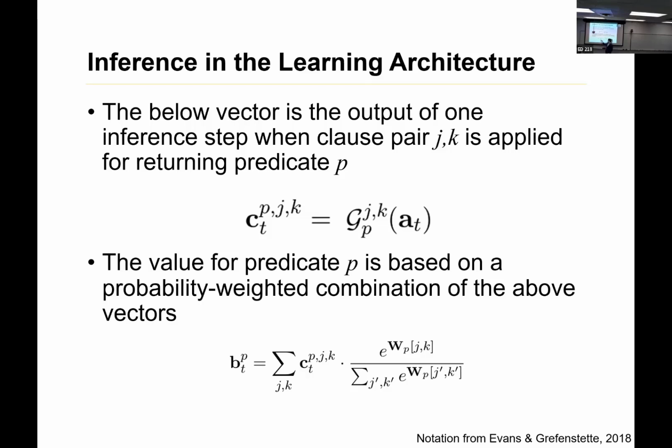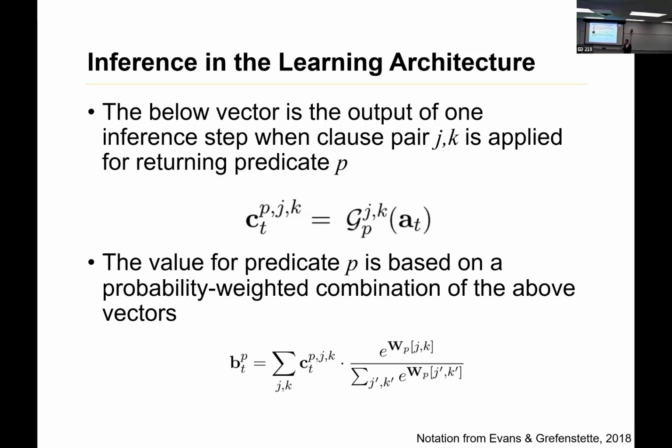Here we're summing over all pairs, and we have that C vector from there. And now here is where we assign the weights. So B of T, B T P, is giving you the resultant inference of all the rules.